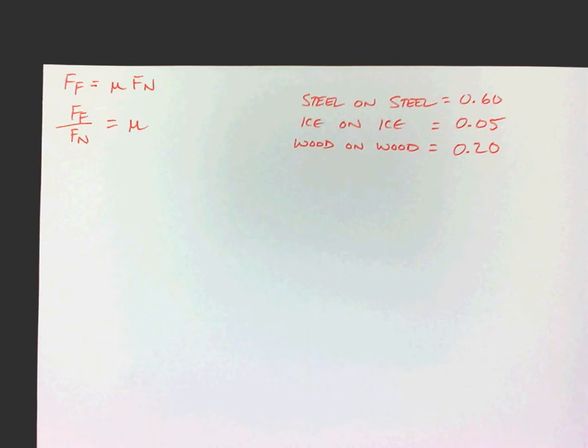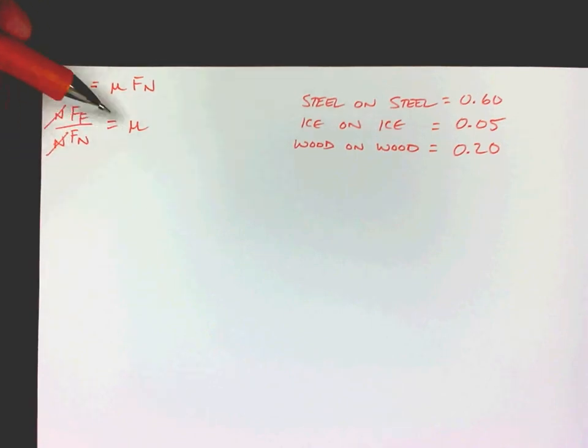And if you look at the units for this, like we usually do when we rearrange these things, we get newtons over newtons. And so the units will cancel, which means the coefficient of friction is just a ratio. There are no units attached, so don't expect that when you're reading through a problem. Likewise, if you actually solve for the coefficient, you're going to give just a number, which I know feels weird at this point with all the stress that we've put on units, but no units for coefficient of friction.